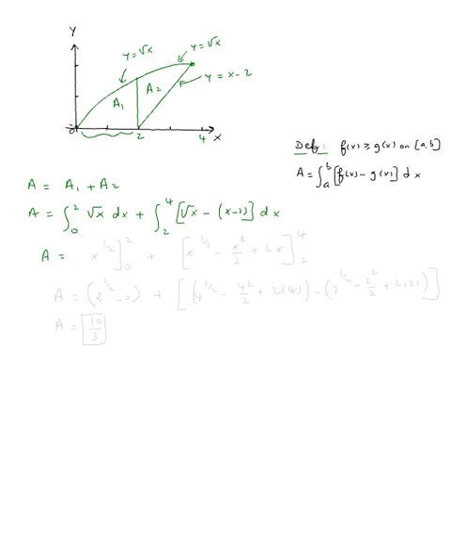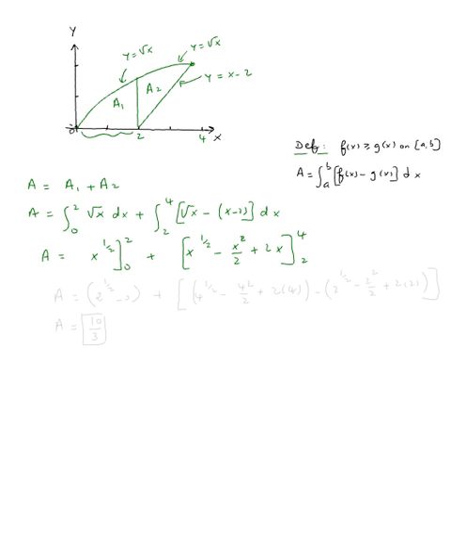So this is x to the 1/2 from 0 to 2 plus x to the 1/2 minus x squared over 2, and then plus 2x, between 2 and 4.